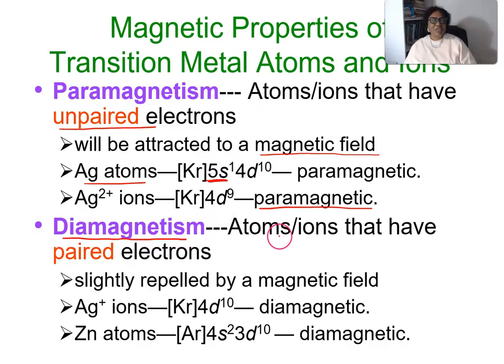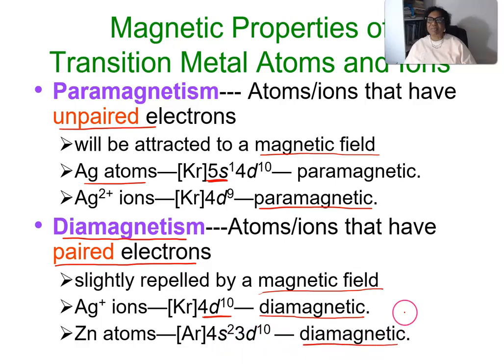Diamagnetic is when atoms or ions have paired electrons, not unpaired. Their electrons are paired. They are slightly repelled by a magnet. Silver +1 ion, you see, all its electrons are paired. So this is diamagnetic. Zinc, all the electrons are paired.